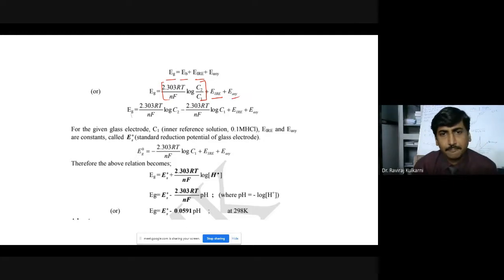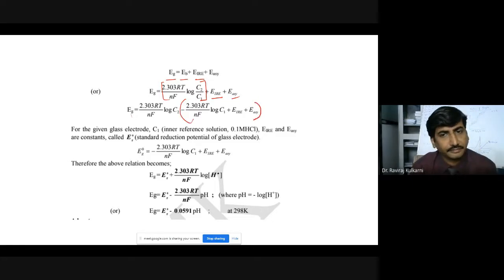Now you see, you can write this. Okay, first you write this: 2.303 RT by nF log of C2 by C1. You can write it as 2.303 RT by nF log of C2 minus 2.303 RT by nF log of C1. Now you see these three terms.